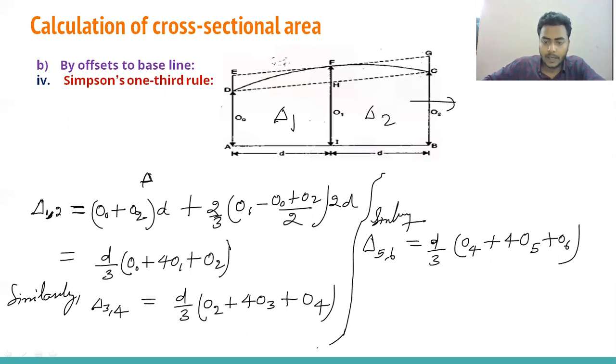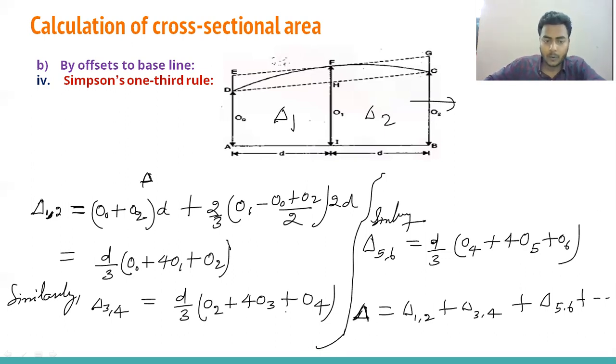So total area would be delta 1, 2 plus delta 3, 4 plus delta 5, 6, and so on.